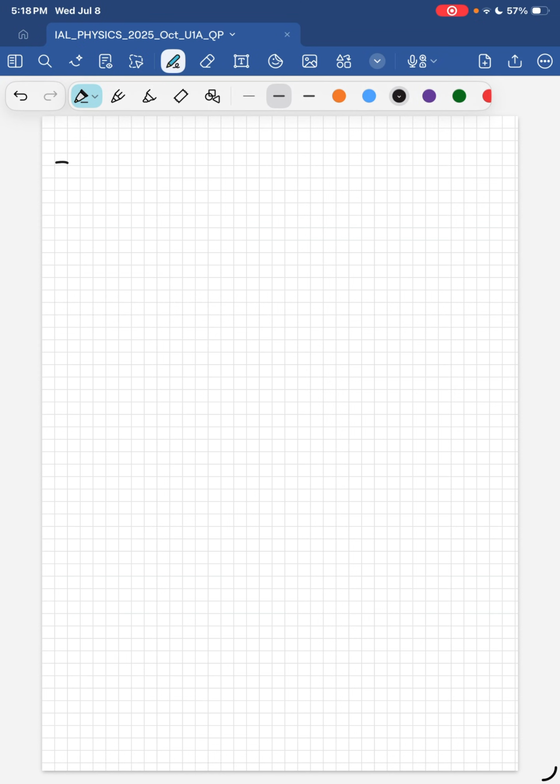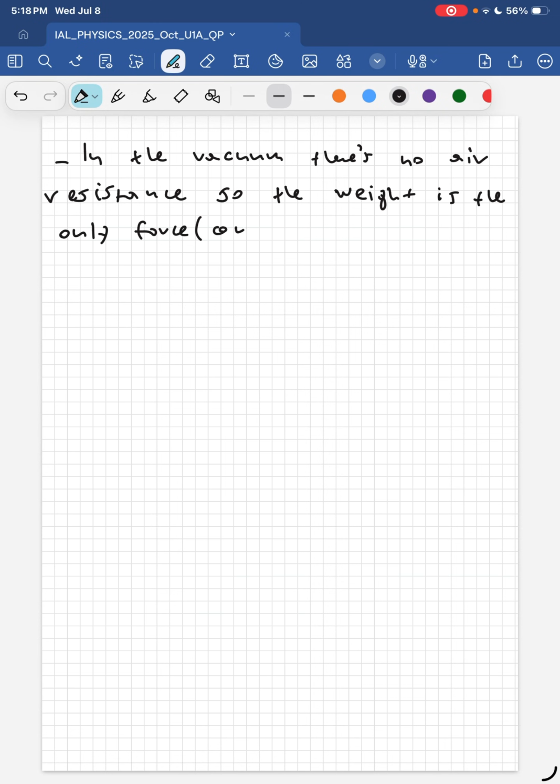So in the vacuum there is no air resistance, okay. So the weight is the only force, and it's a constant force, okay. Now, constant force means constant acceleration, right?